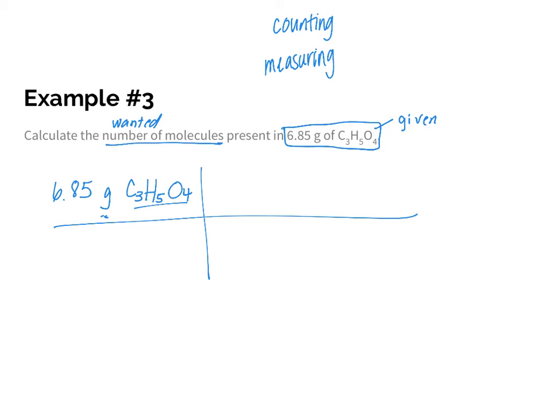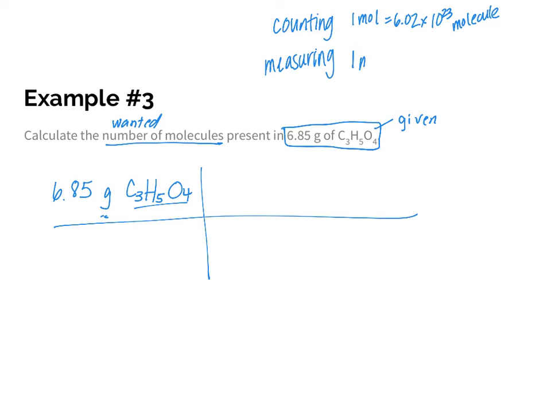With the counting mole conversion, remember it was 1 mole is equal to 6.02 times 10 to the 23rd, and this time we'll use molecules. The measuring was our molar mass. We're not given the molar mass here, we would actually have to calculate it, which we already know how to do.